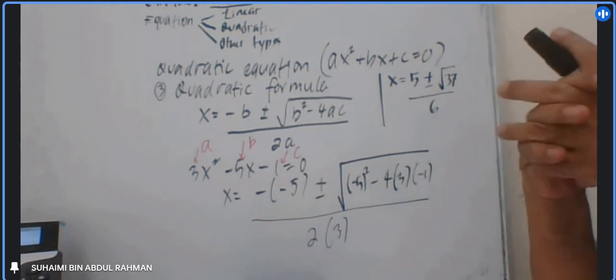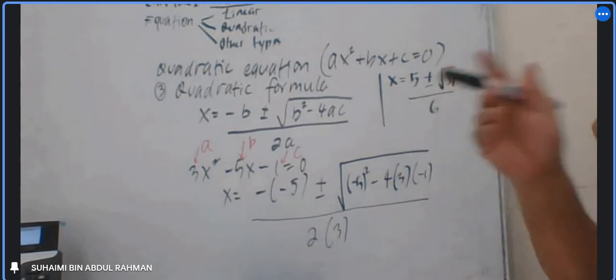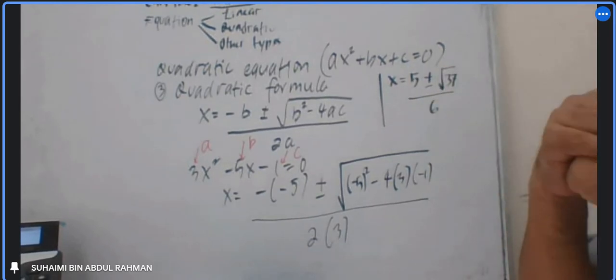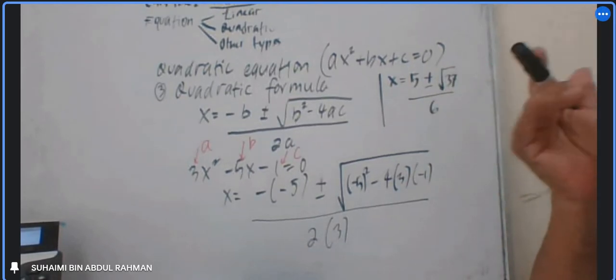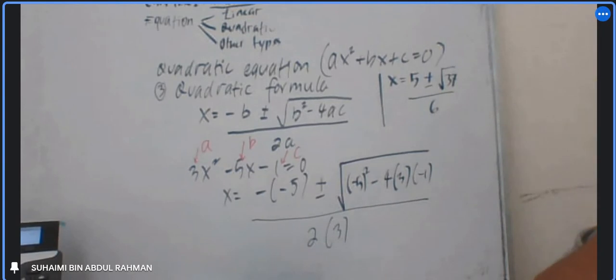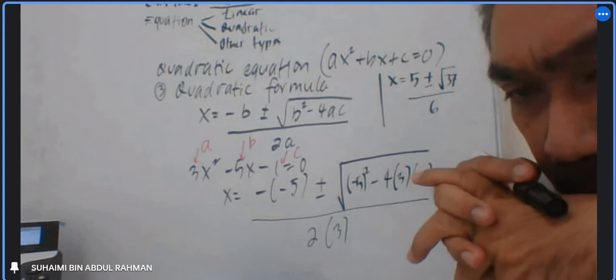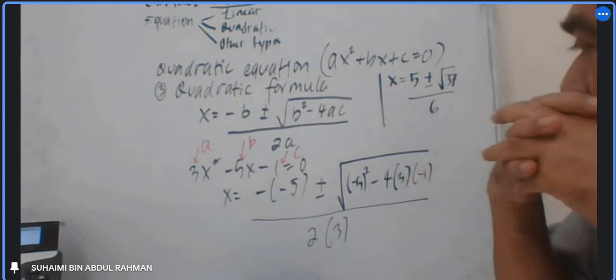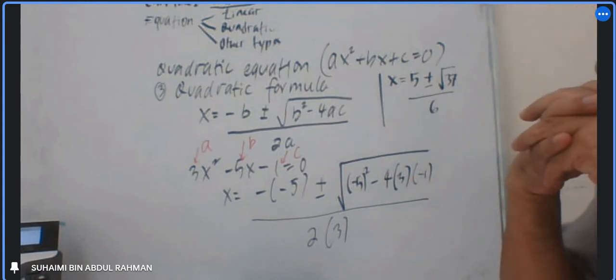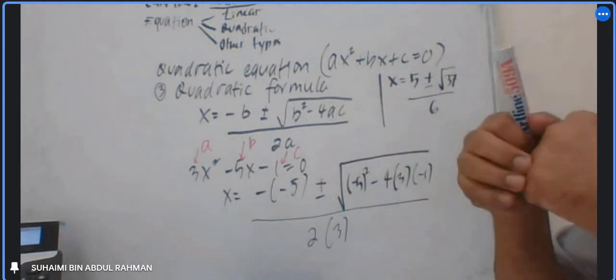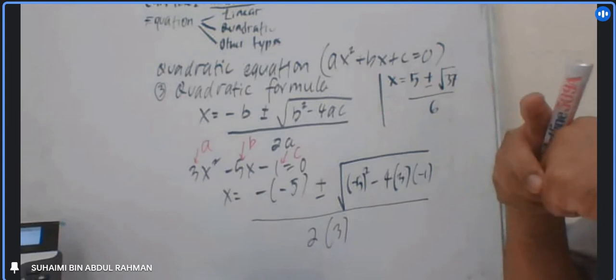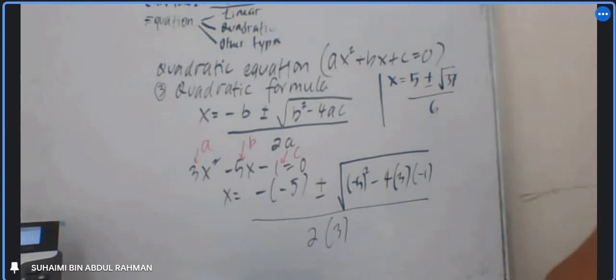Two values of x. One when we take plus square root of 37, another one where we take minus square root of 37. I just substitute a, b, and c into the quadratic formula.